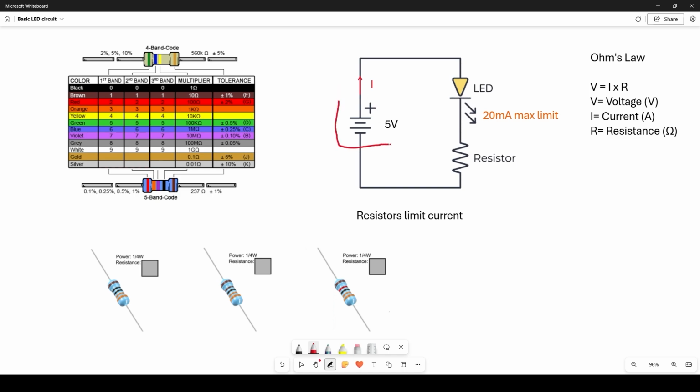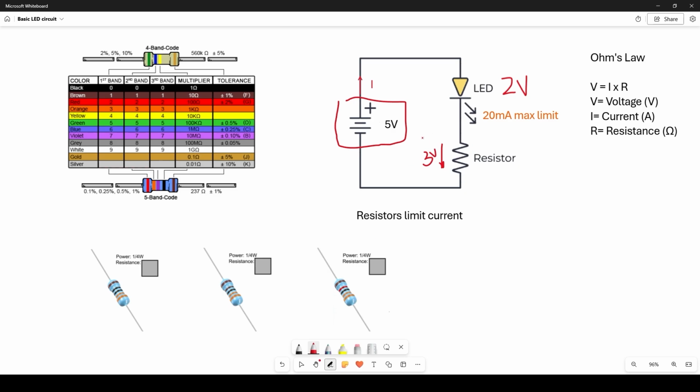We have an LED that uses only about 2 volts, and then we have 3 volts going across the resistor.